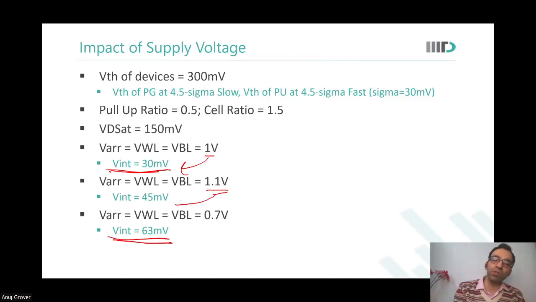Even at 1.1 volt, VDD degraded, Vint degraded. So the trend that you're talking about is right when you're going to a higher voltage. But as you go to lower voltage, the second parameter, which is the current being sunk from the pass gate, comes into picture and that degrades the setting.